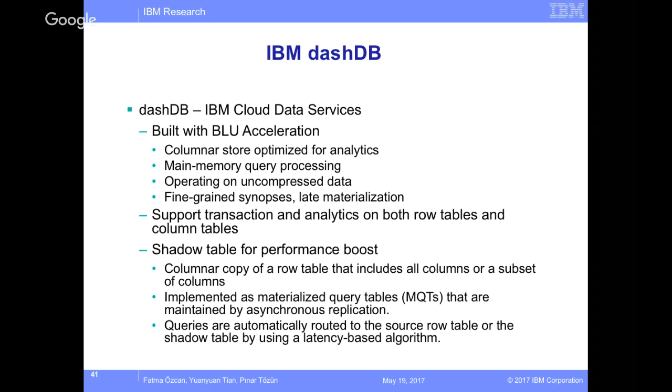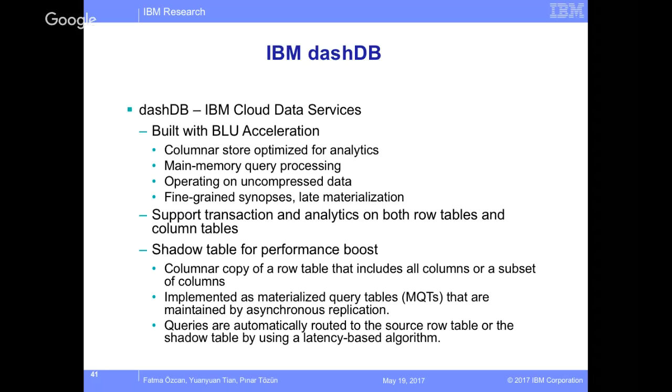So it's built with IBM Blue technology. It's a column store optimized for analytics, with main memory query processing, operating on uncompressed data, and fine-grained synopsis and late materialization. And it supports transactions and analytics on both row tables and column tables.